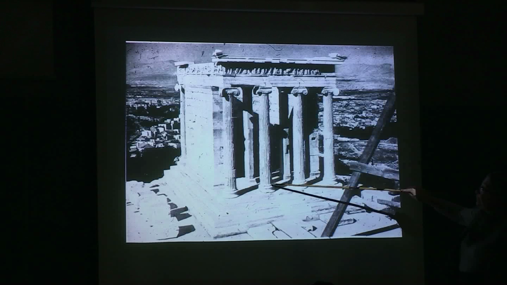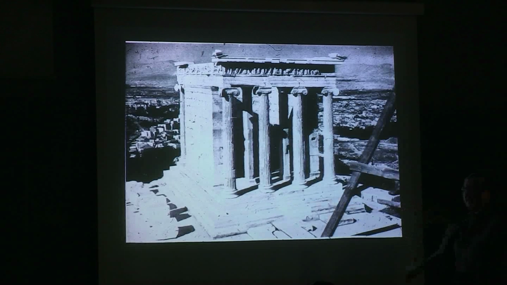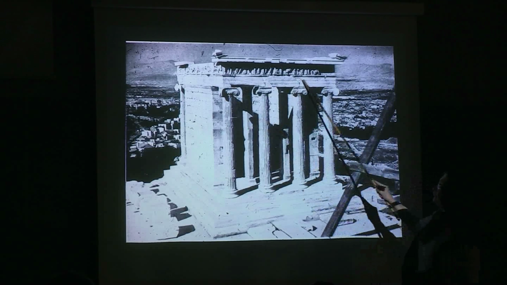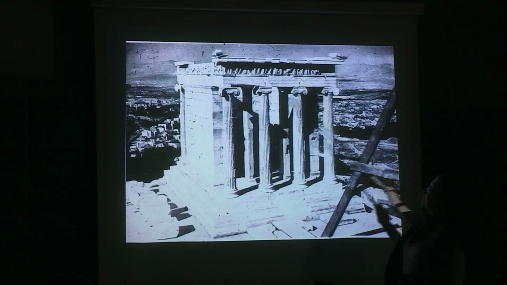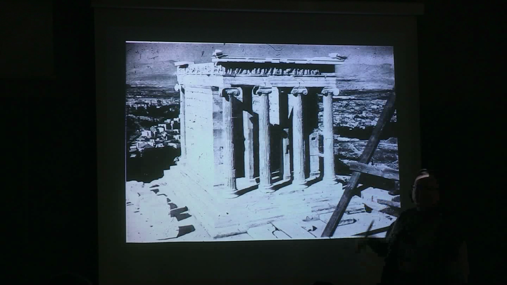And the slenderness of the columns, the height of the columns, the refinement is Ionic. The Doric would not have done in this case. And the frieze, which envelopes all round the temple below the disappeared pediment, is Ionian.